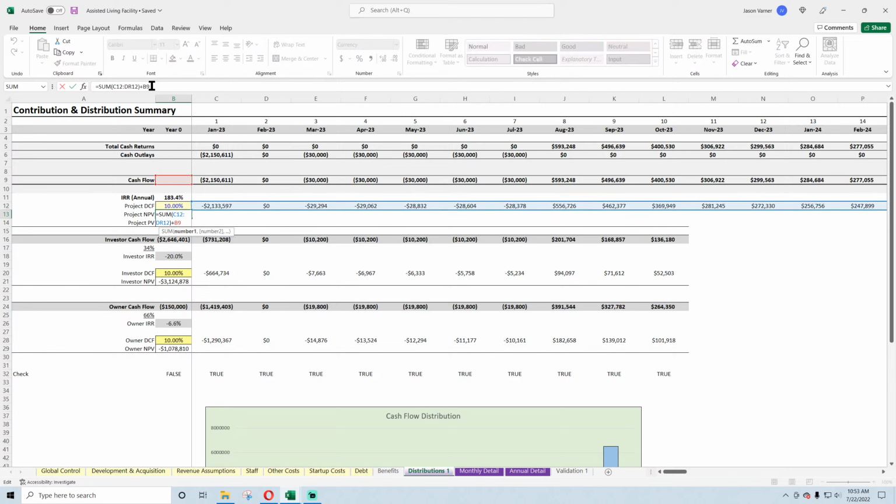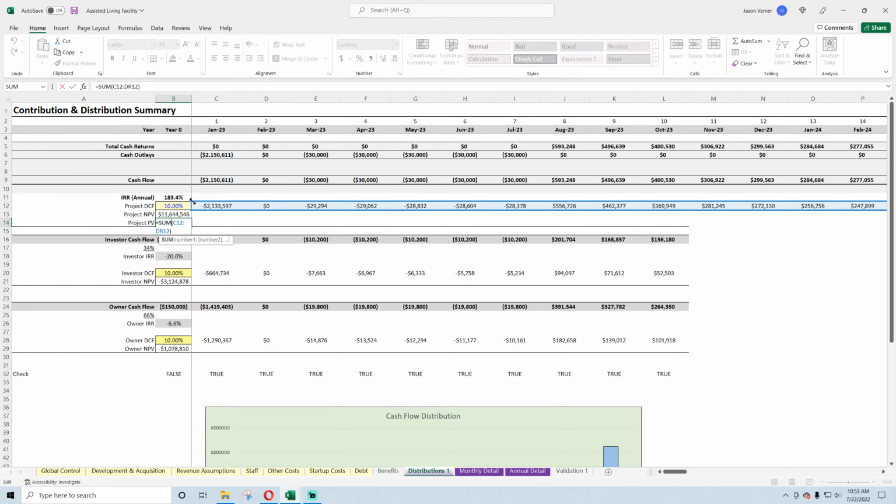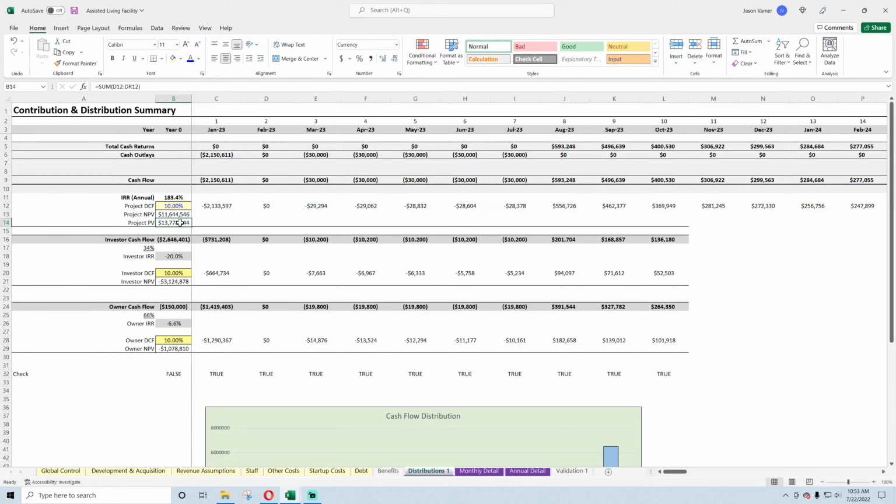Let's see. So this, we don't need to plus B9. That's that. We can actually do present value just period 2 and forward, and just assume period 1 is the initial investment. It might be the same, it might not.